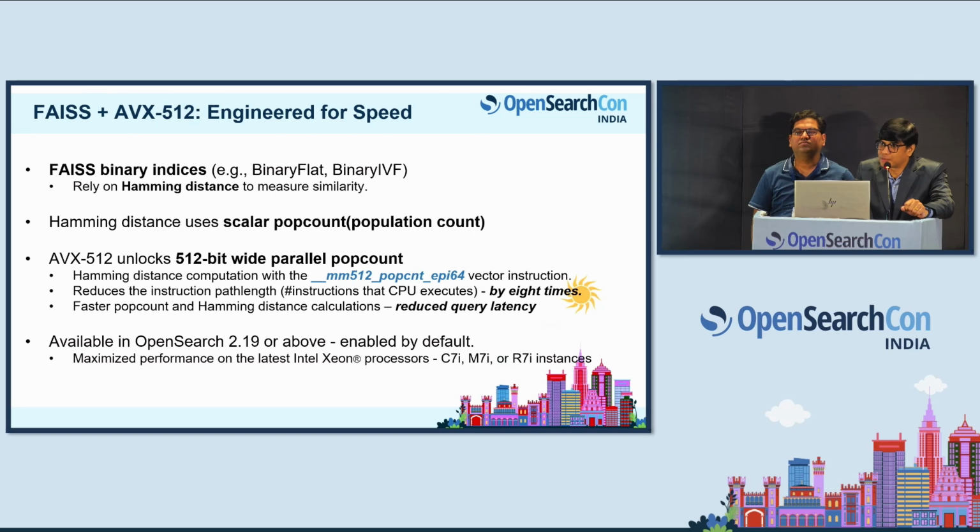What sort of penalty may it incur? Any idea? Recall may drop, right? To address this drop, we have different ideas for how we can bridge that gap with recall.